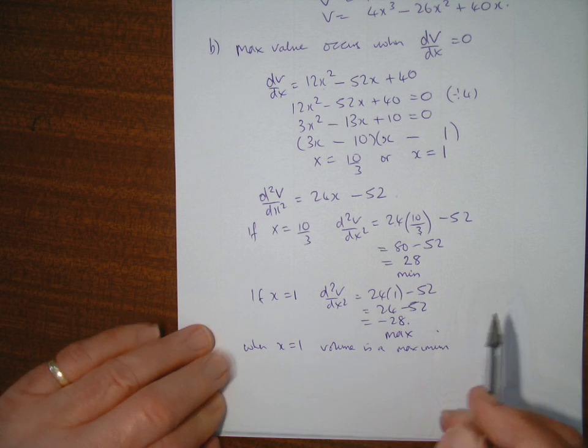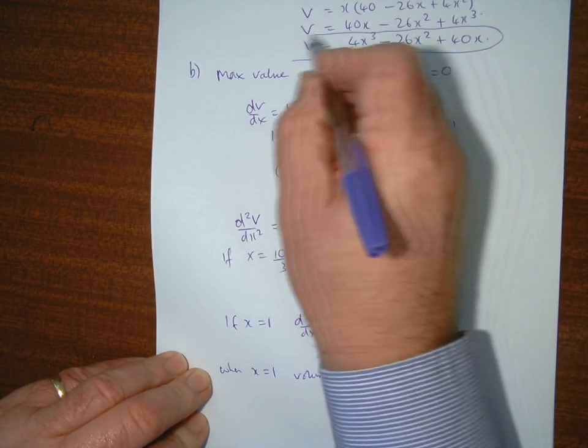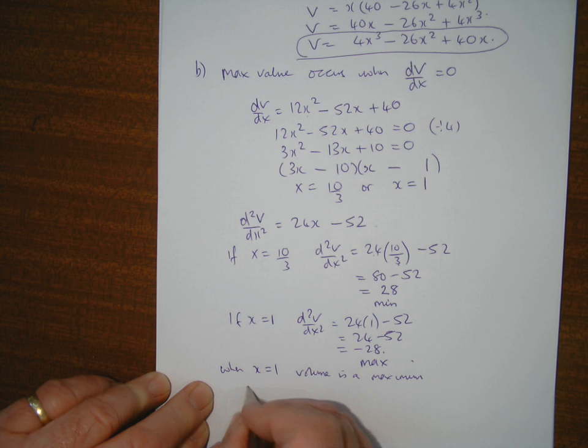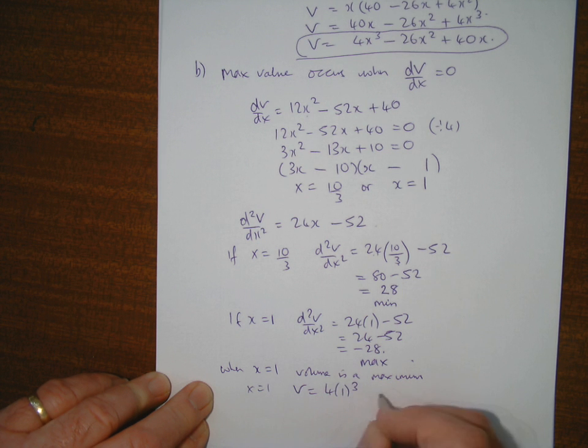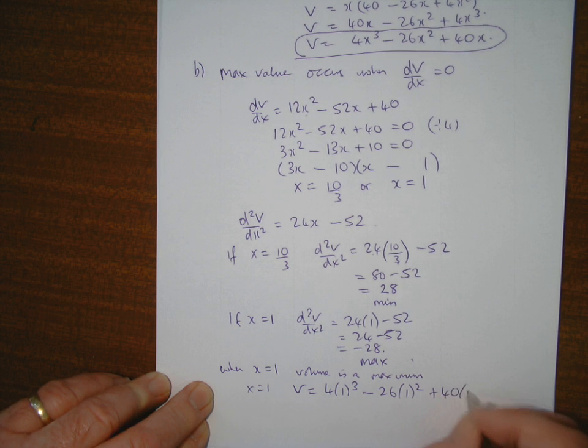So going back to my expression for the volume, I just substitute x equal to 1 in there to get the maximum volume. So x is 1, V is 4 lots of 1 cubed minus 26 lots of 1 squared plus 40 times 1.